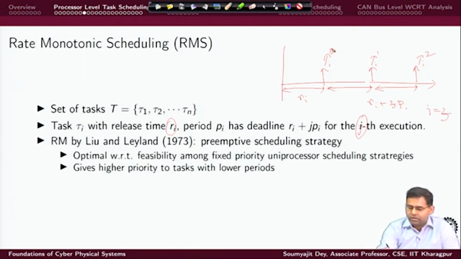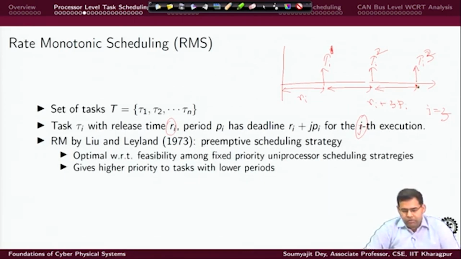This is the third instance: 1, 2 and 3. So r_i plus 3 p_i, as simple as that. In that way, given this initial offset, I can always compute the exact time when some ith or jth instance of this task is going to be released into the system.